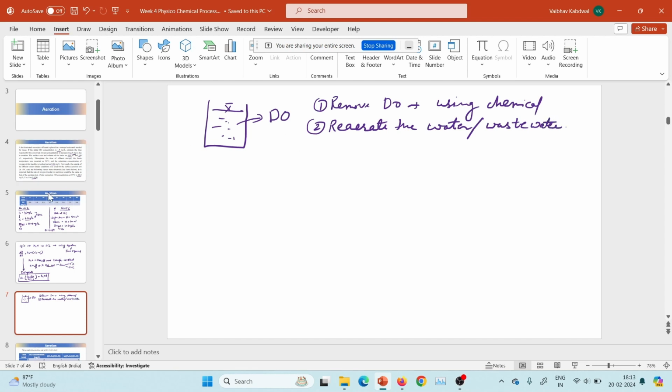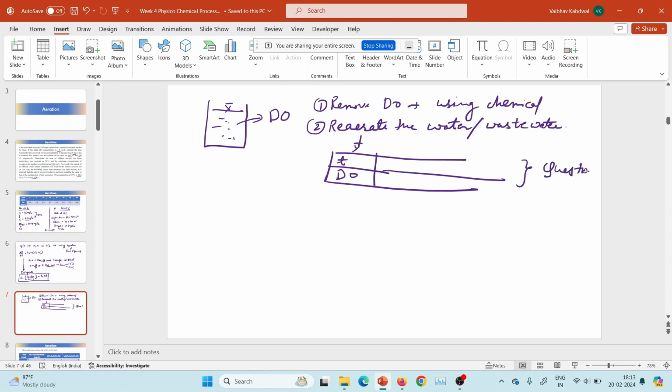And when we re-aerate, you will check at what time interval how the DO is increasing. So this data is given in the question at 15 degrees Celsius, at different time intervals.